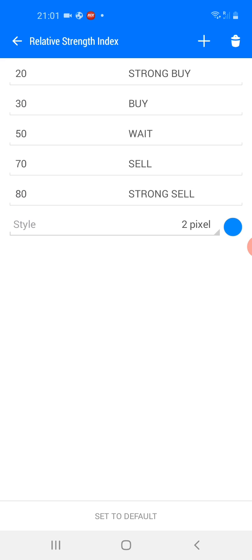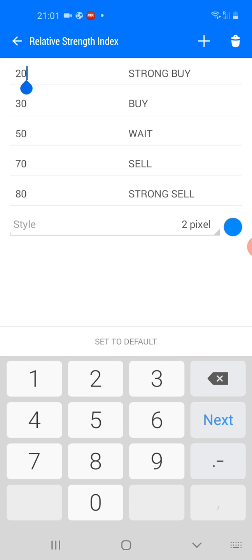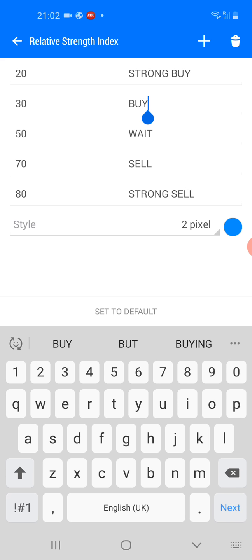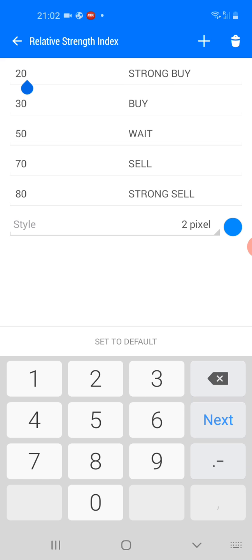Then the levels: you will have to type in 20, 30, 50, 70 and 80. Maybe before you click, you have to use the plus button here and apply to open all these levels.